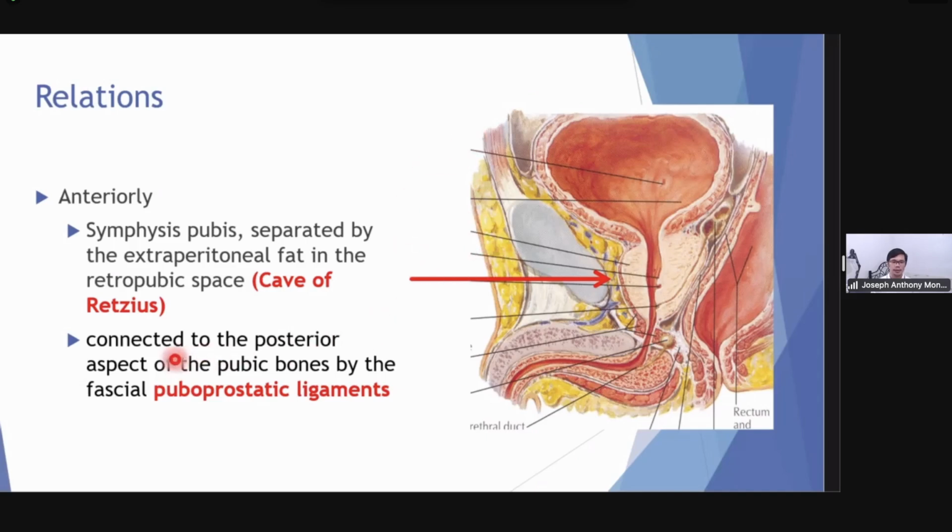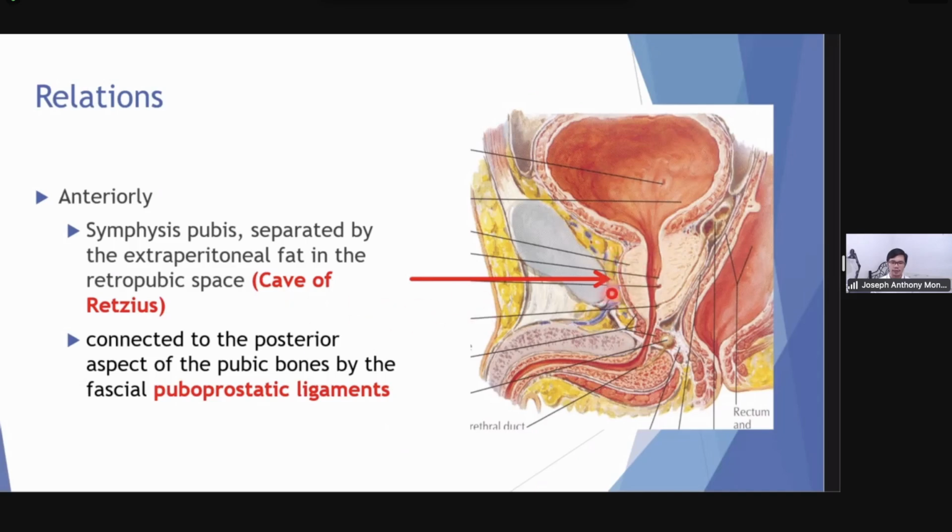Okay? So connected to the posterior aspect of the pubic bone, it is via your puboprostatic ligaments. So again, just to emphasize, the structure present anterior to the prostate is your pubic symphysis. The extraperitoneal fat is in between, and that space is what we call the cave of Zeus.